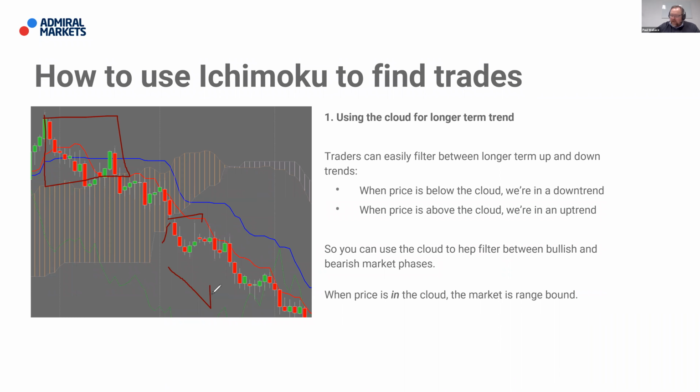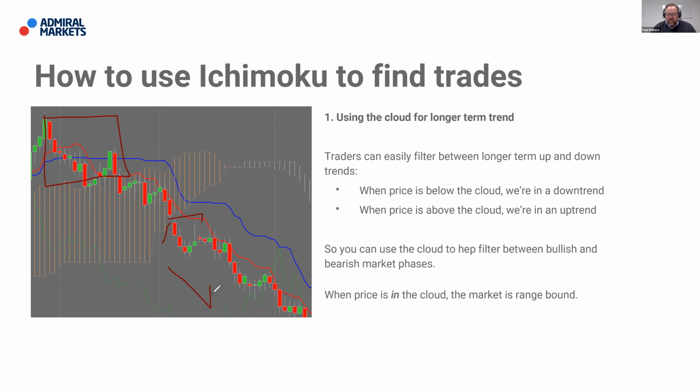So if, as a trader, you've been struggling to identify trends, to work out whether the market is moving in a bullish or bearish trend, using that cloud can be a very simple way to understand what phase the market is in, and then to position yourself accordingly.